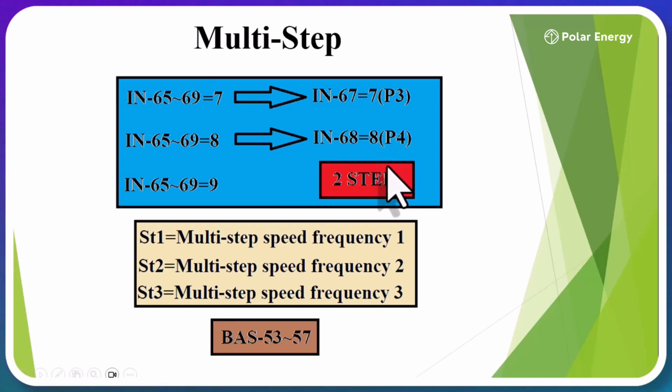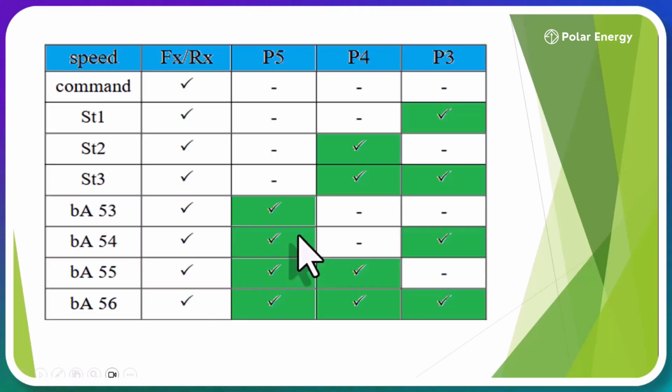Here I want to give two different speeds to the inverter, 30 Hz and 50 Hz. So where should I set the values for these frequencies? I need to set my first speed in parameter ST1, the second speed in parameter ST2, the third speed in parameter ST3, the fourth speed in parameter ST4, the fifth speed in parameter ST5, and so on up to ST7.